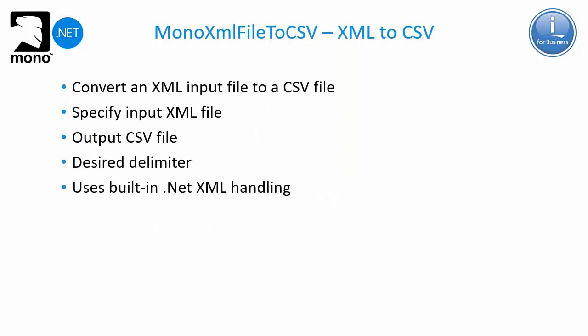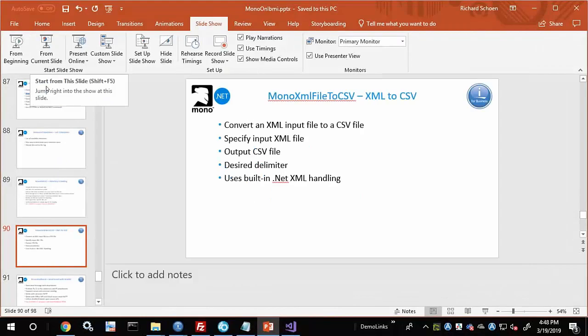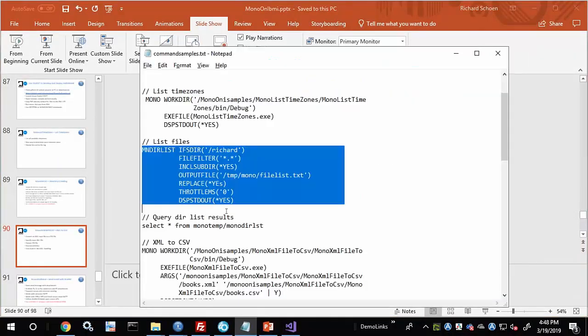All right, so somebody actually was looking for this on the midrange lists. So I thought, oh, I'll write a sample for this. They just wanted to convert an XML file to CSV, right? Usually there should be things to do that, but in this case, we're going to synthesize the XML file and read it, and then write it out to a CSV document, right? So we'll use our mono XML to CSV.